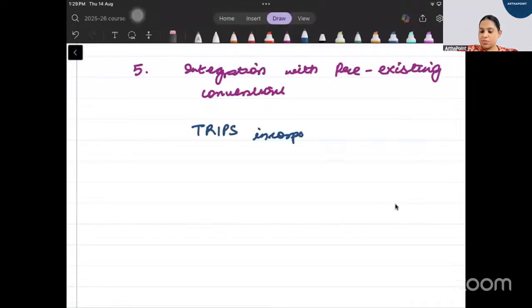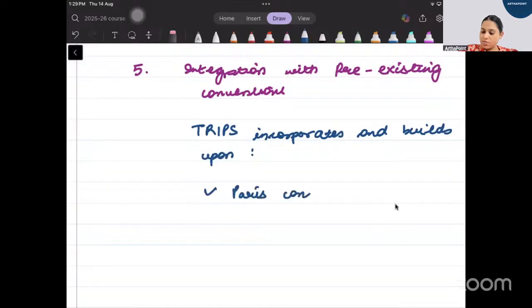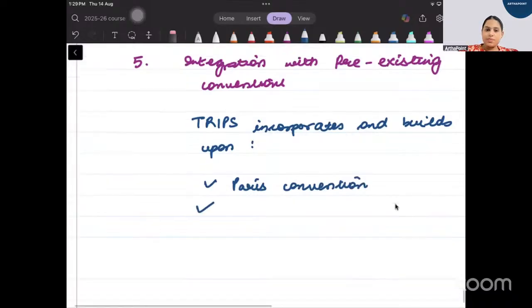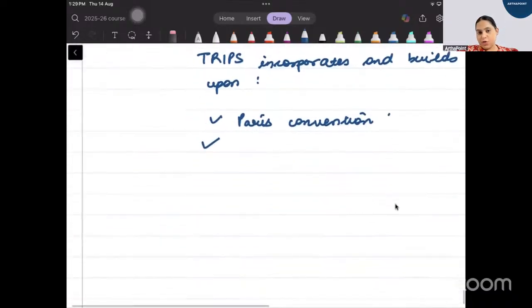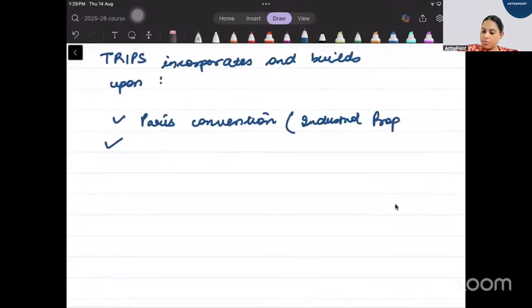TRIPS incorporates and builds upon the Paris Convention. This is for industrial property. Berne Convention.